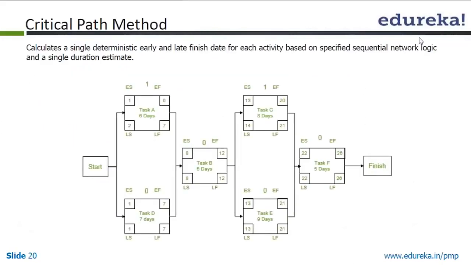Now we moved on to find the critical path, and here what we said is that multiple questions will come for calculating various values.